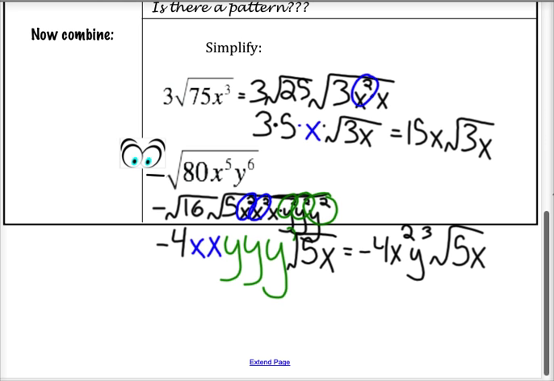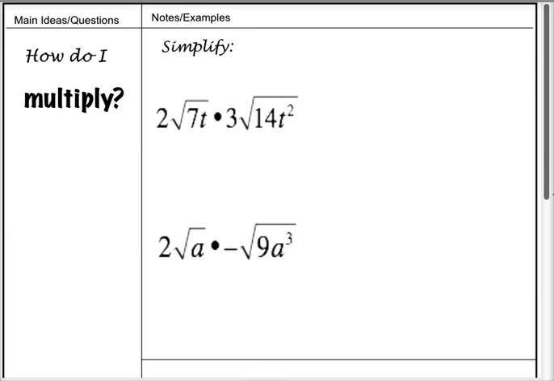So please bear with me for one more page. All of this is building to multiplying. Okay? Now, with multiplying, there are some very important things to know. So how to simplify when multiplying. Step 1, multiply the outside.